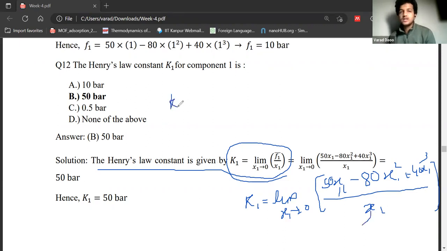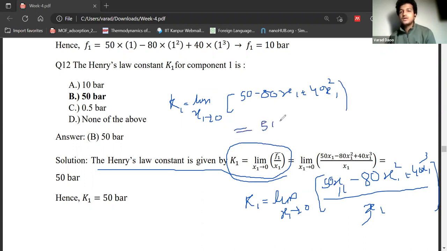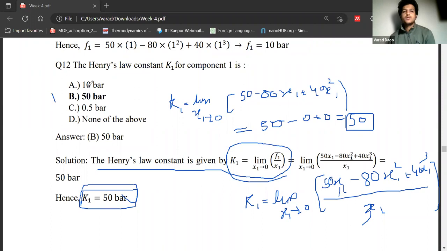So k1 is equal to limit x1 tending to 0 of 50 minus 80x1 plus 40x1 square. You put x1 equal to 0, you get 50 minus 0 plus 0, which is nothing but 50. So k1 is 50 bar, option B.